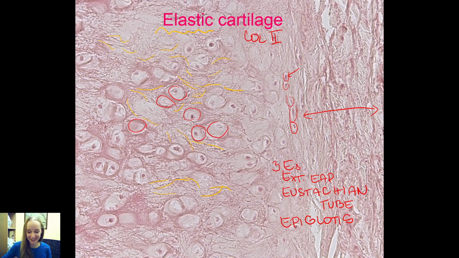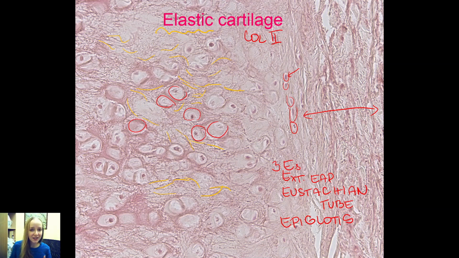And they do not form these big isogenous groups. These isogenous groups right here are smaller. Sometimes 2, 3, 4 chondrocytes inside, but you can see many lonely chondrocytes right here.